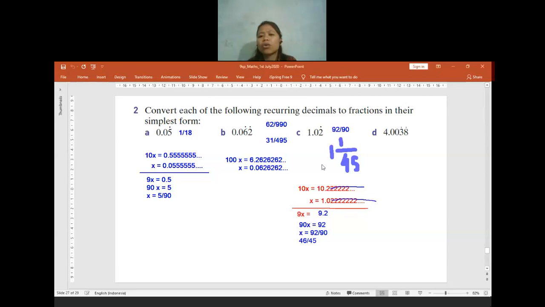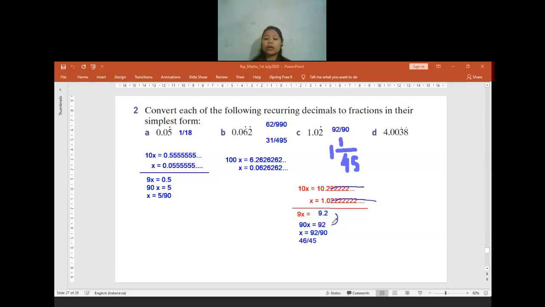Which part is making you confused, Dave, or anyone who asked me before? All of them, teacher. How to start. Why does it become 90x, teacher? I told you it's not okay to have the decimal with fraction combined with each other.